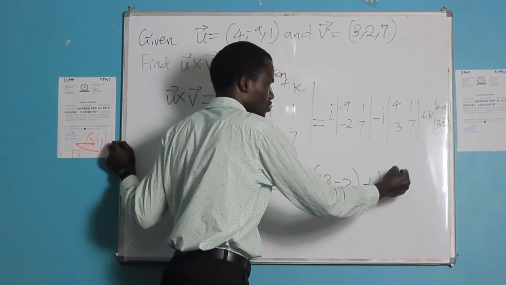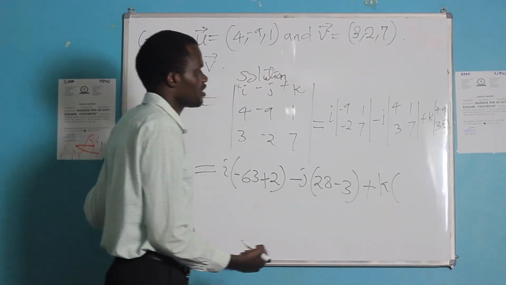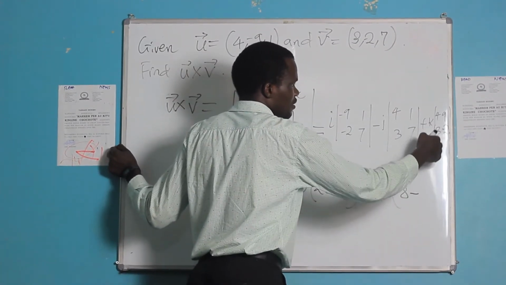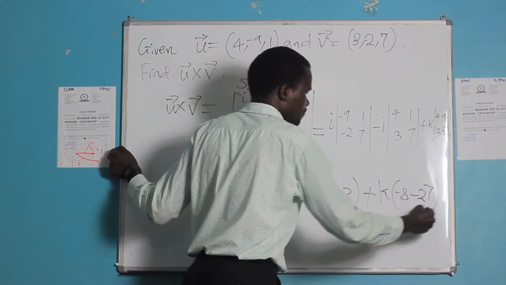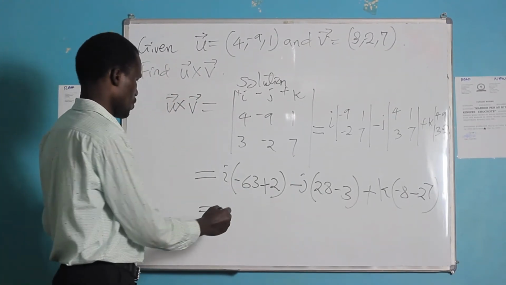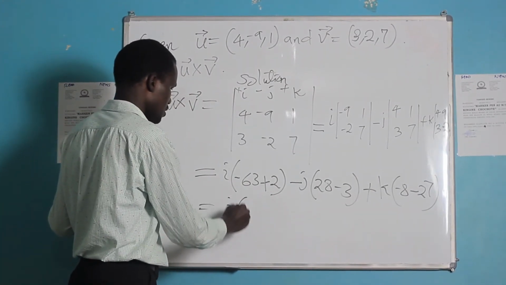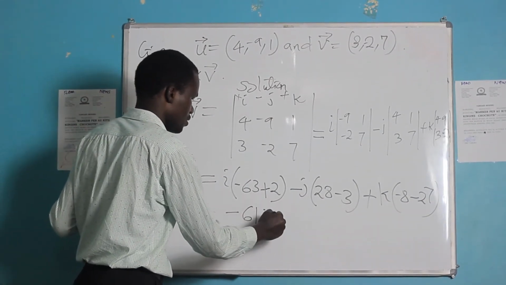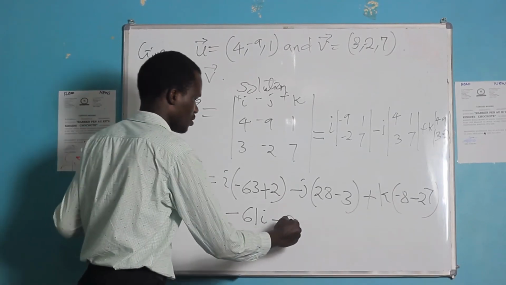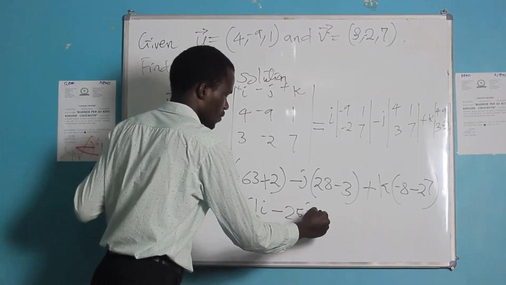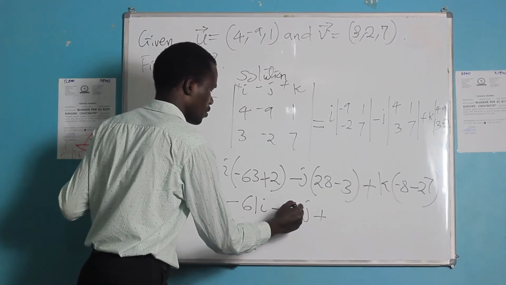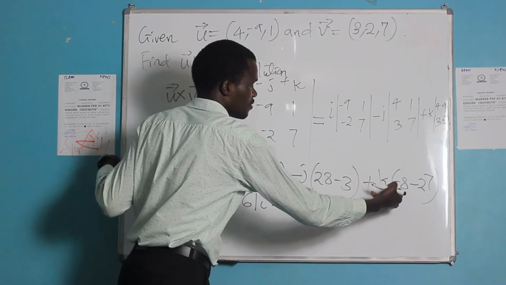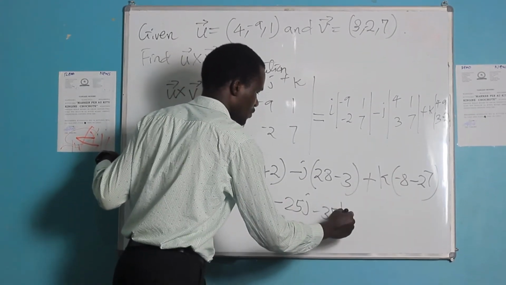See, just the normal way of finding determinants. Then for k: -2 times 4 is -8, minus 3 times -9, which is 27. And here, we get -61 i, minus 25 j, and this one is 35. This and this are negative, so it's -35 k.